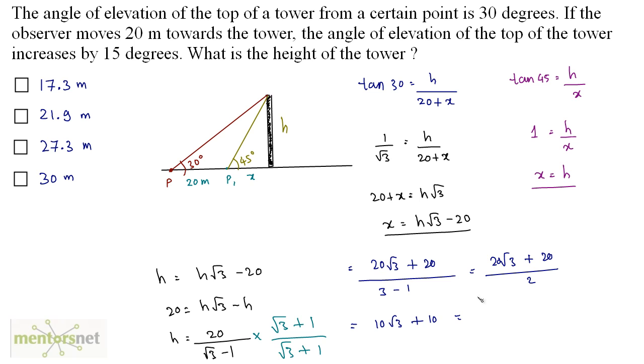And what is root 3? Root 3 is 1.73. If I multiply 1.73 by 10, I get 17.3. This is plus 10, and that is 27.3. So the height of this tower is 27.3 meters, and that is option C.